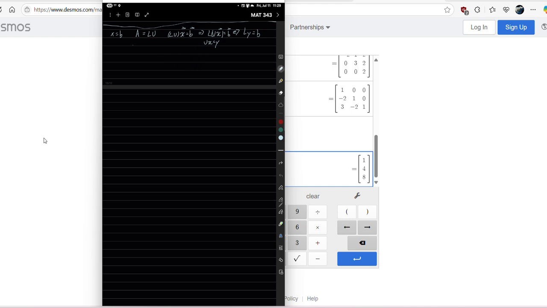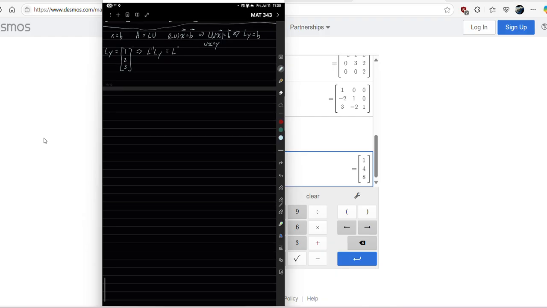Ly equals 1, 2, 3, and then we put L inverse to the left of the L, and we put L inverse to the left of 1, 2, 3. Left multiply L inverse to 1, 2, 3. So what that does is it isolates Y.